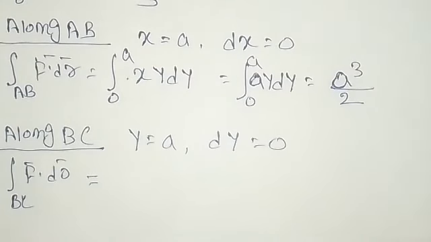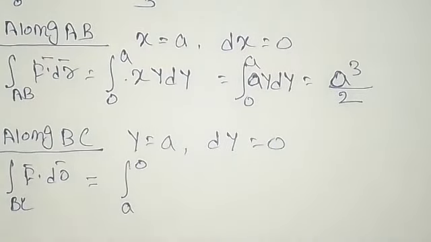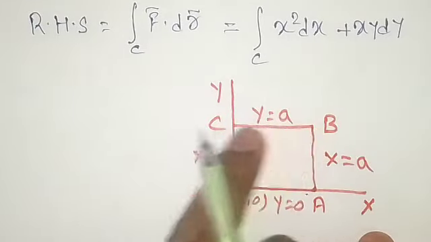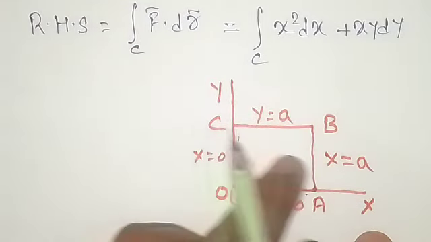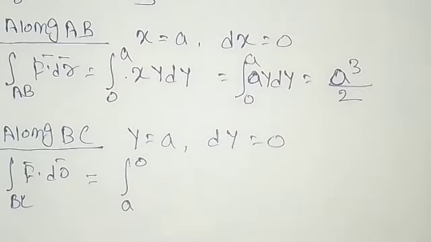So x square dx plus xy dy, the limit is what, from here, the limit is A to 0. Why? In CB we are taking A to 0. Why? Because you can see that's how we are moving to this side, right? So here that value is A, and here the value is 0. So lower to upper is A to 0, right?